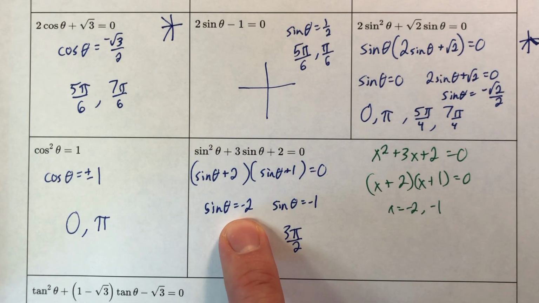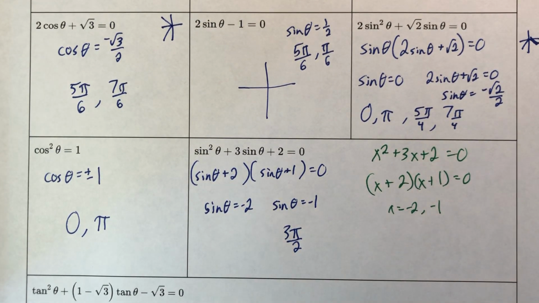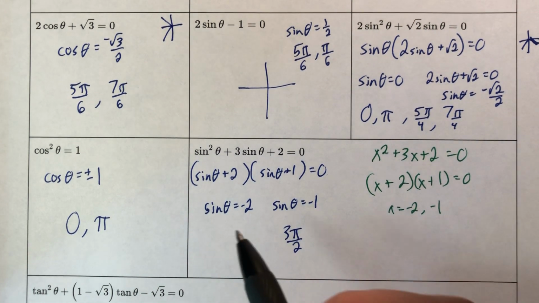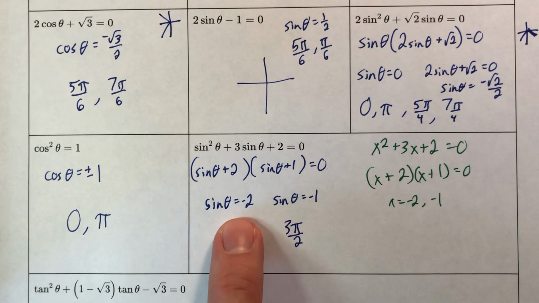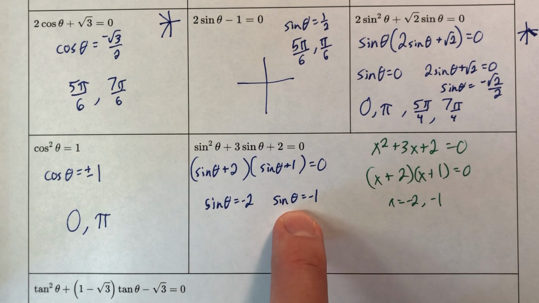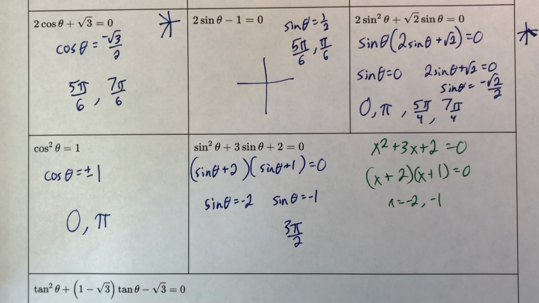But I'm looking for negative 2. You'll never reach that. Now, if we had a difference of amplitude, that would stretch things, and it would make that possible, potentially. But right now, it's not. So I got no answers from that. This is no solution for this part, but I do have a solution for this factor. So we'll keep that one.